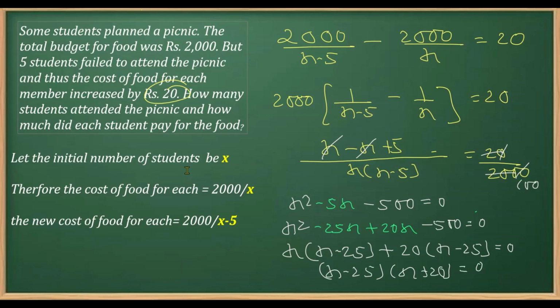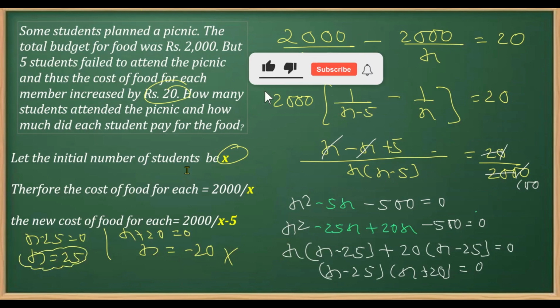Now, if I equate x minus 25 with 0, that should give you x as 25. And equating x plus 20 with 0, we get x as minus 20. Since the number of students cannot be negative, we'll declare x is equal to 25 was the initial number of students going.